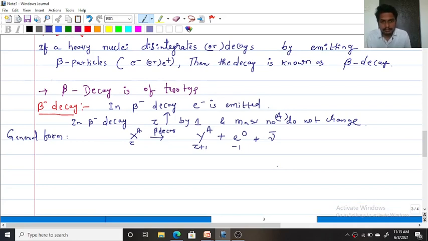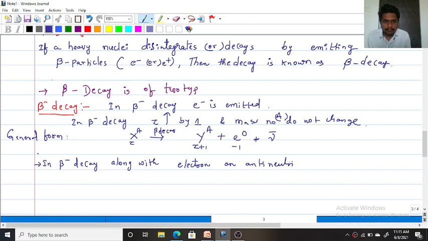In beta minus decay, along with the electron, an anti-neutrino is emitted.